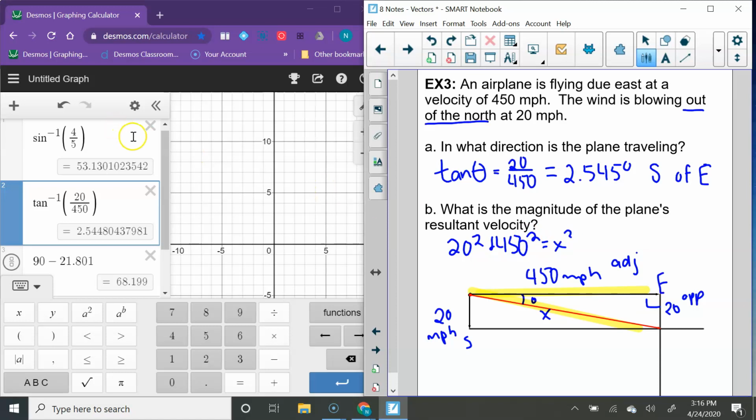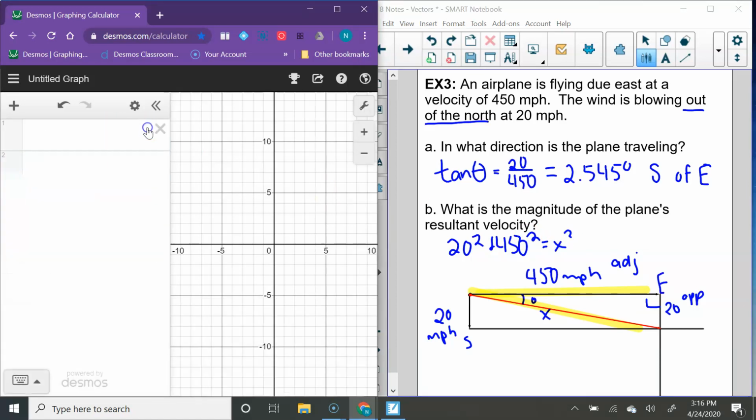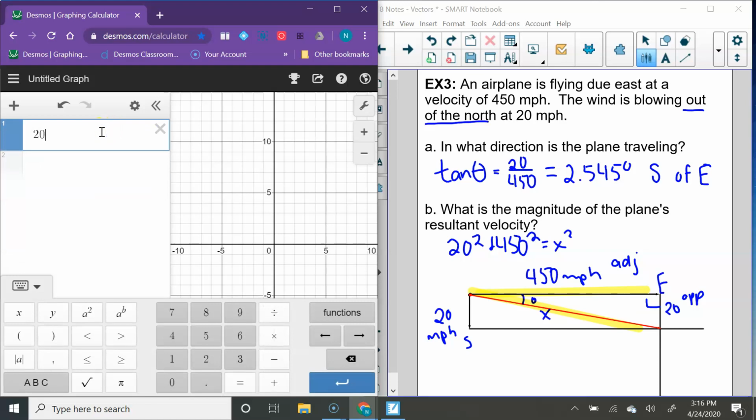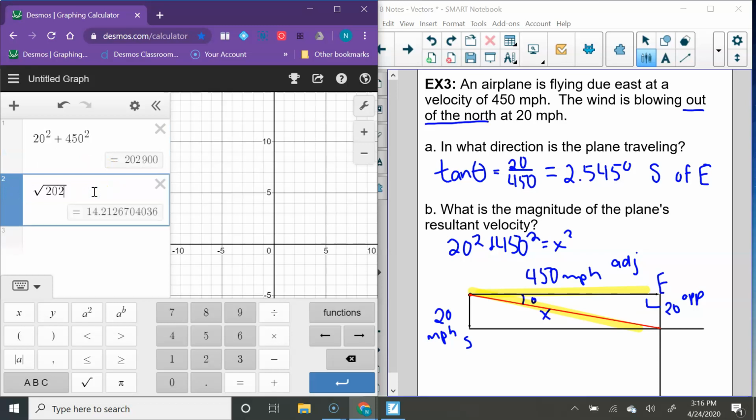And so we'll do 20 squared plus 450 squared. And we get this, and then we're going to take the square root of it. Oh, wait. Oops. So we get 450.444.